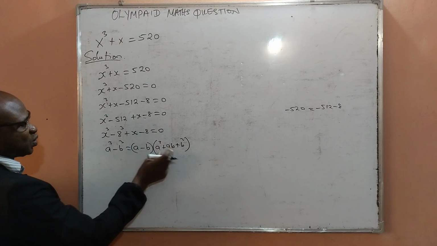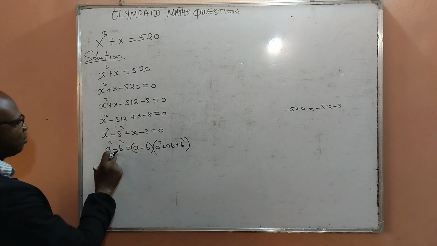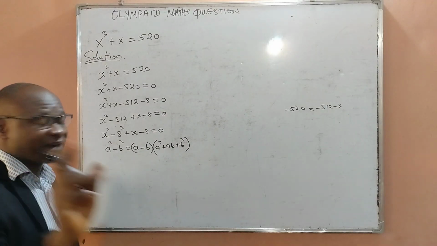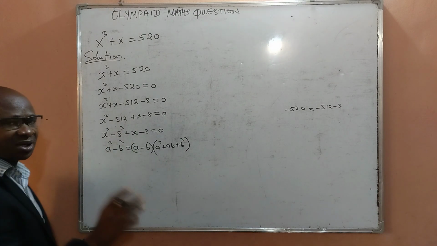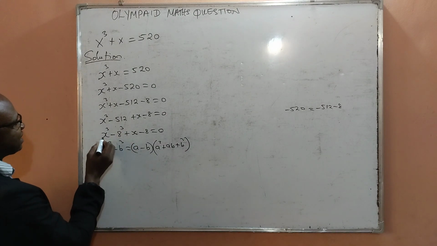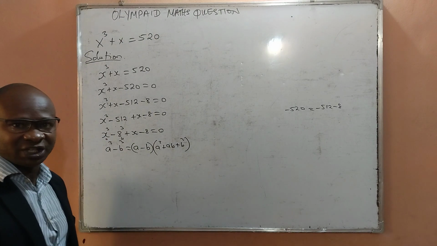If you expand these two brackets, it is going to give you exactly a cubed minus b cubed. Therefore, x can be a and 8 can be b.